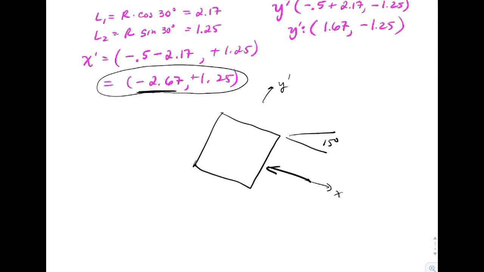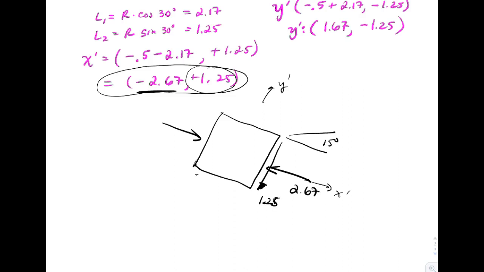So I get compression, 2.67 from the negative. All right, now remember the sign convention. I get a positive shear stress, which would mean that in Mohr's circle land, that means that on the X prime face, my shear stress would be causing clockwise rotation. So that shear stress right there would cause clockwise rotation of the X prime face.